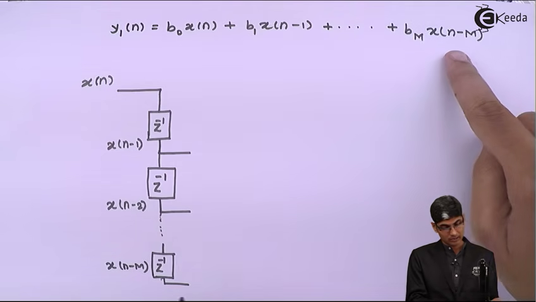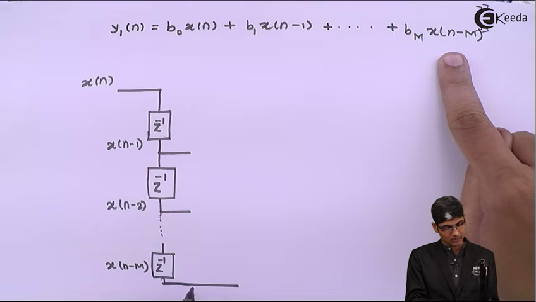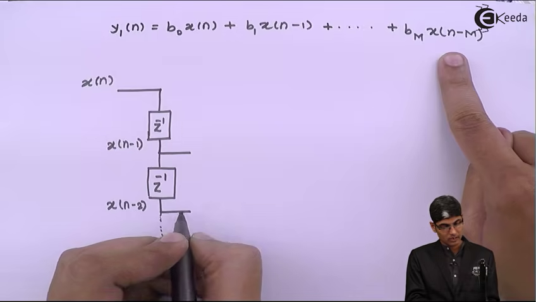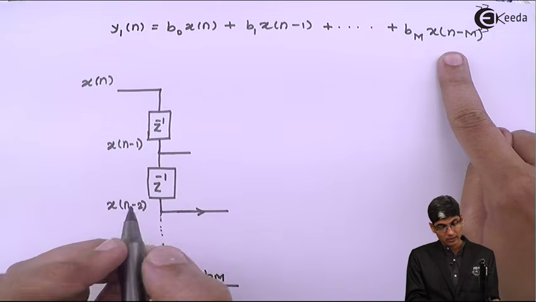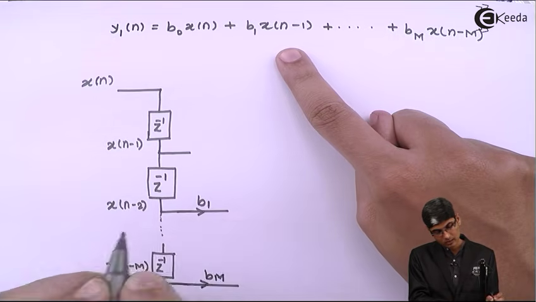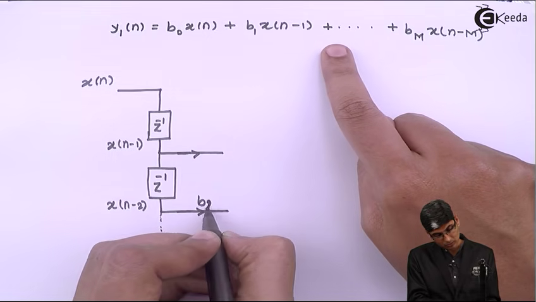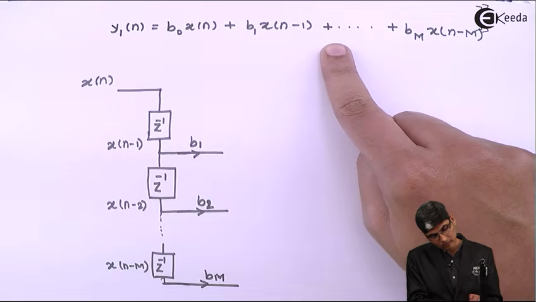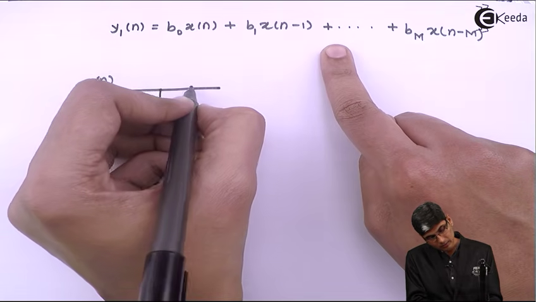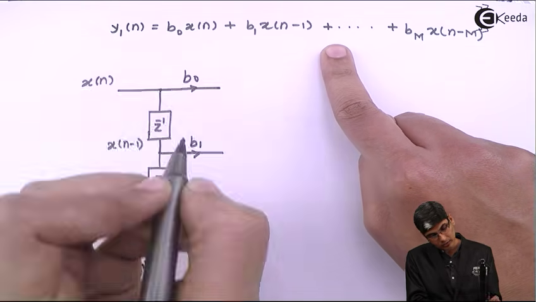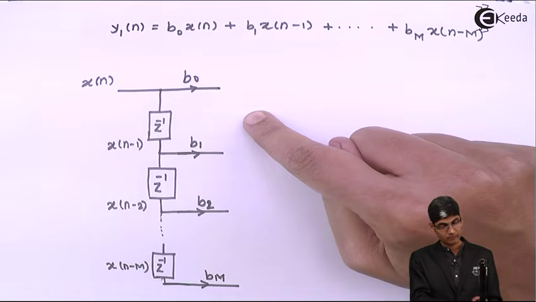Now you have to multiply. X of n minus m is multiplied by bm, right? This is multiplied by b2, and this will be multiplied by b1, and then this will be multiplied by b0, because here x of n is going like this.